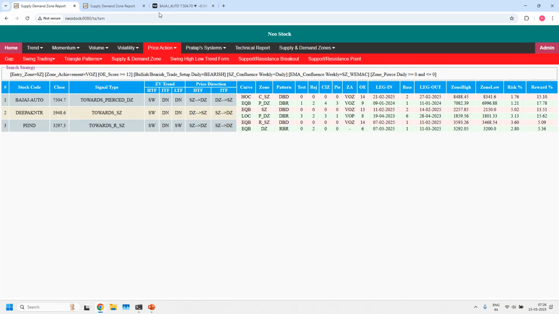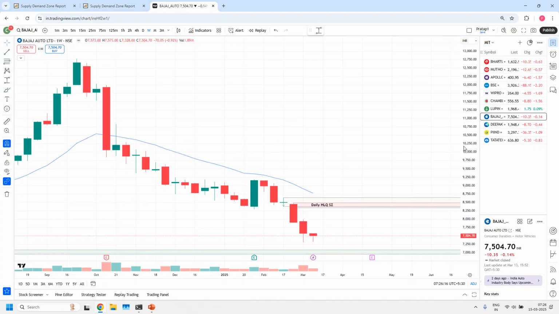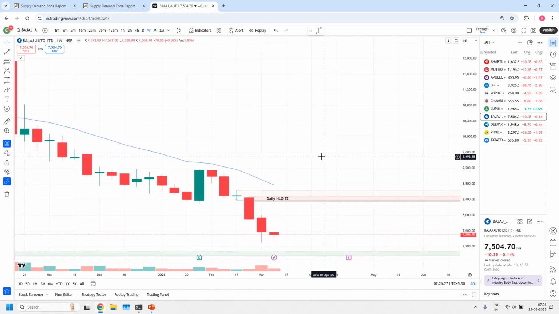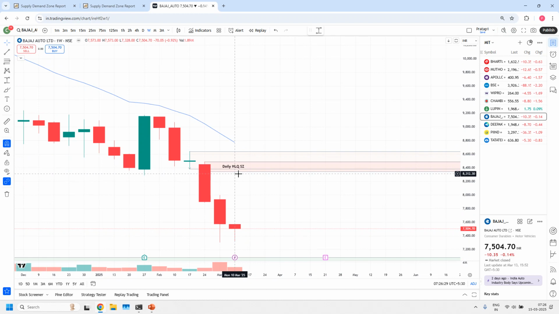All 3 are filtered. Even Bajaj Auto is also filtered. Why? Because our software considered this gap as a buffer, so it is validating that this zone has confluence. You know why I added the buffer? It's an intelligent move.